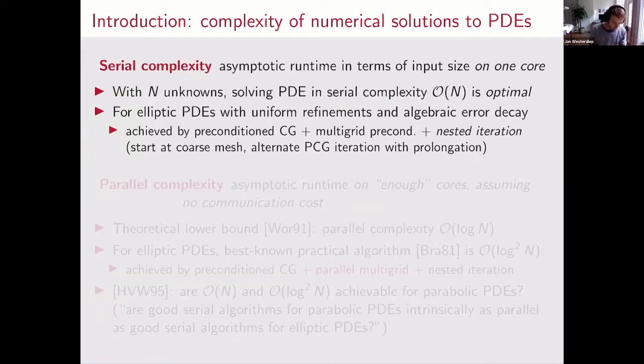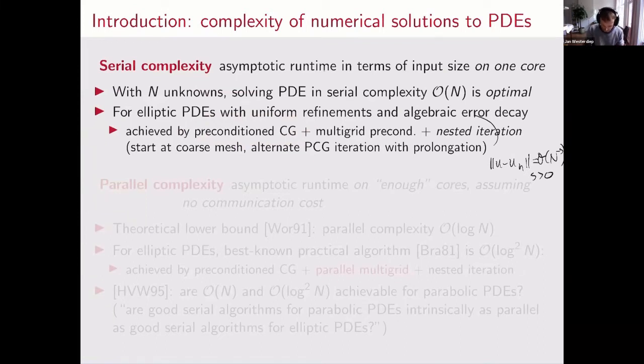And for elliptic PDEs, if you look at uniform refinements and assume that the discretization error decays algebraically, which means that u minus its discretization is basically order n to the minus s for some s greater than 0, then you can show that preconditioned CG plus a multigrid preconditioner and nested iteration has this nice linear complexity.